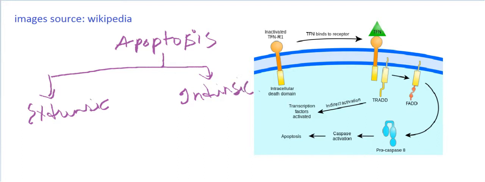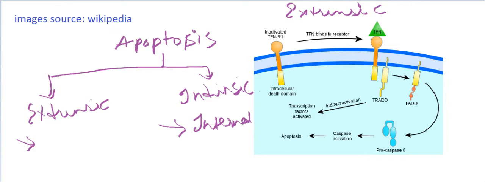In the extrinsic pathway, the external signals allow apoptosis to occur, and in the intrinsic pathway, there are no external signals, rather there are internal signals. So, first we'll study the extrinsic pathway.